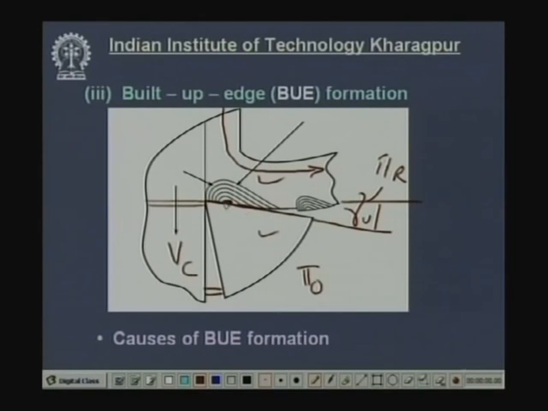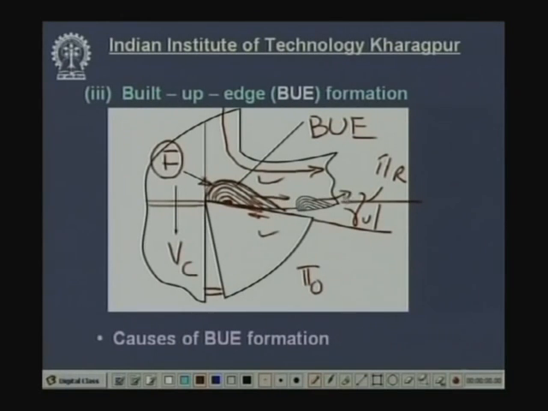Now, this embryo will gradually go on growing, and this is called built up edge. But with the growth of the built up edge, a force will develop which will be acting in this direction, and this built up edge is held by strong adhesion or friction. When this force exceeds the bond strength, then the built up edge is separated from the tool and it goes along with the chip.